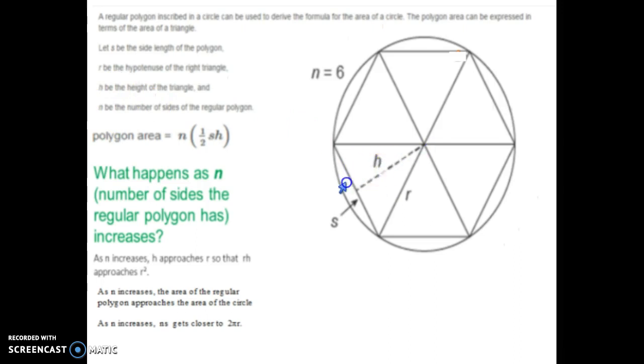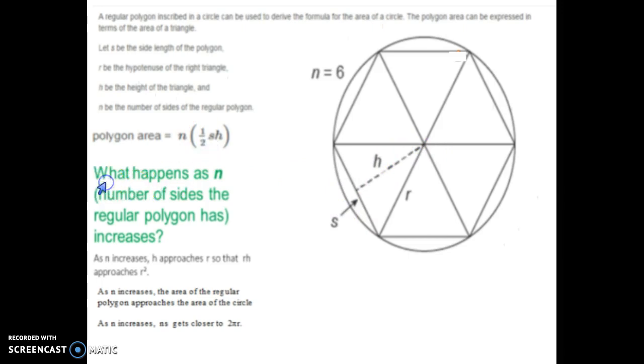And then h is the height of the triangle.